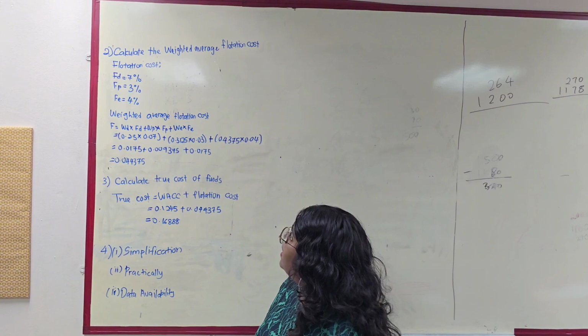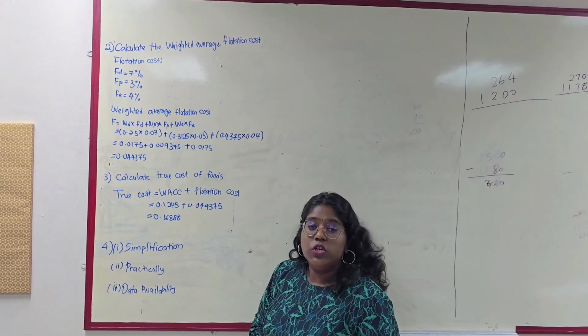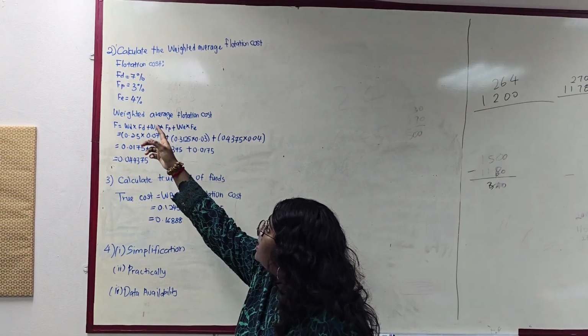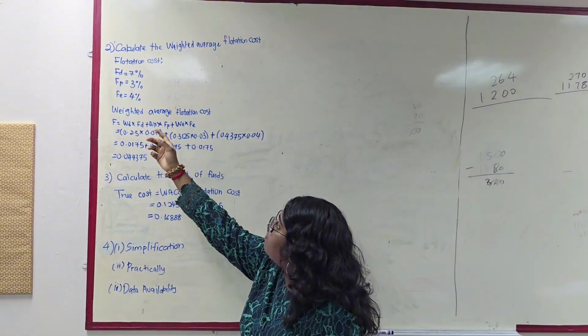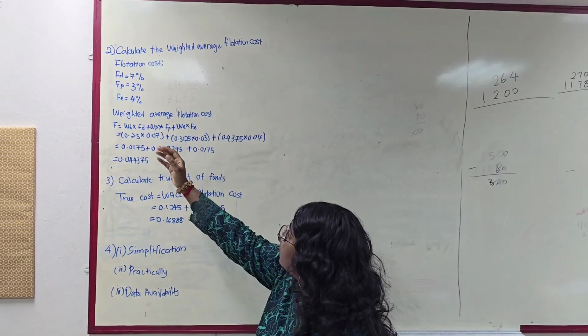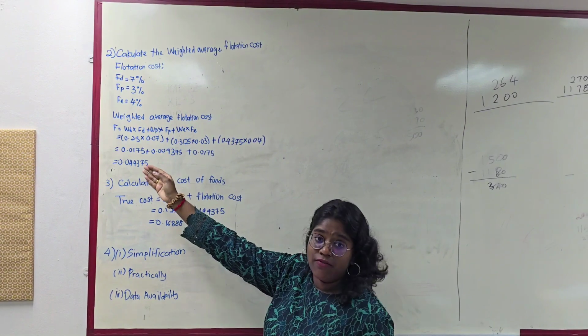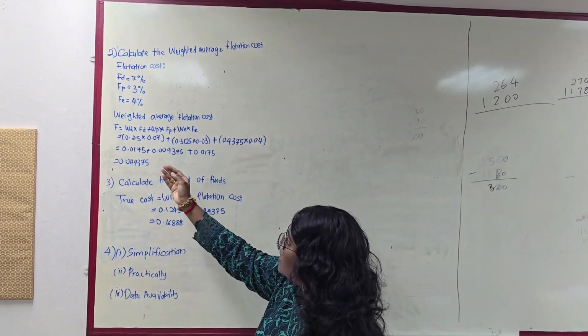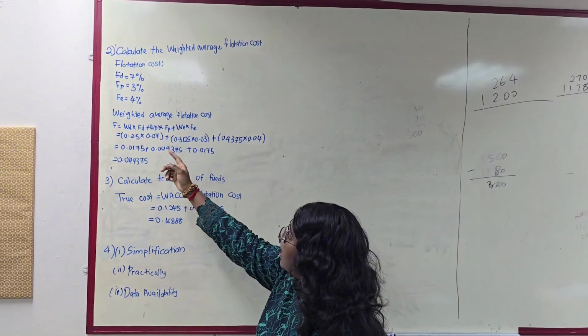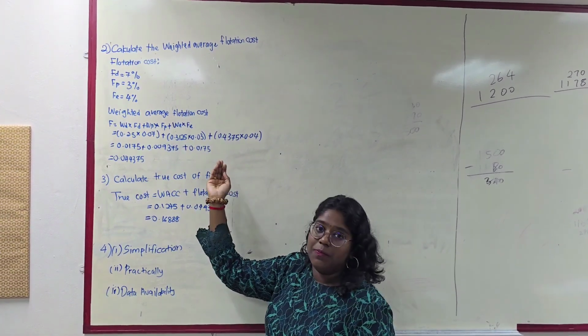As for B, we are required to calculate the weighted average flotation cost. For the flotation cost, FD equals 7%, FP equals 3%, and FE equals 4%. The formula for the weighted average flotation cost is F equals WD times FD plus WP times FP plus WE times FE.